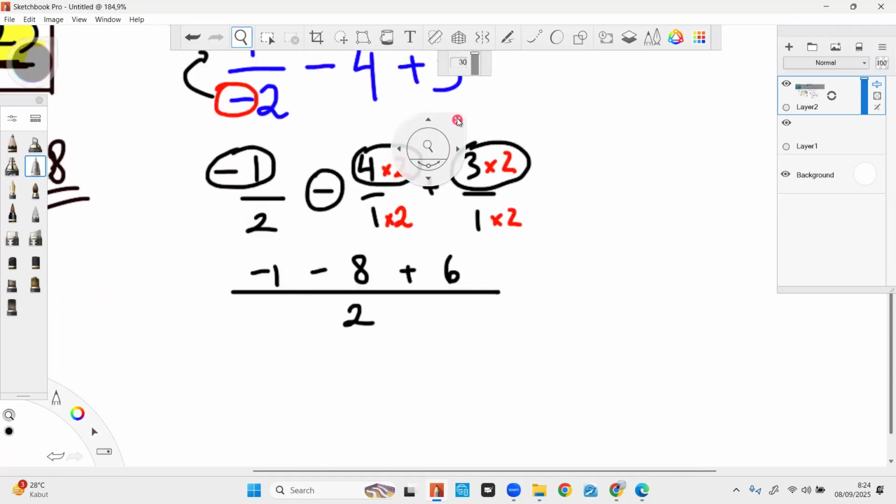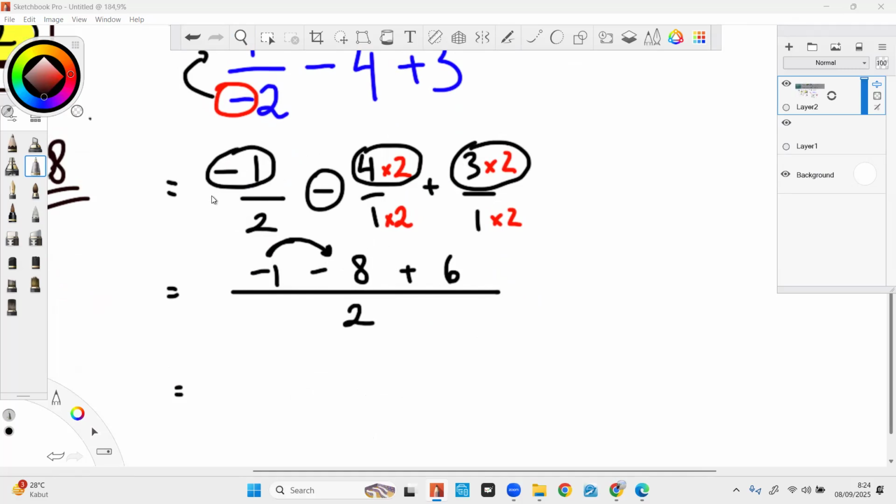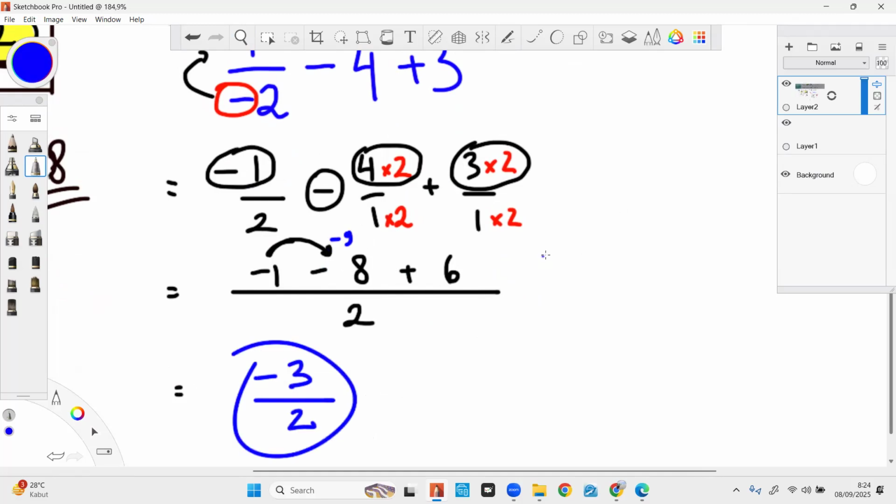Now you cannot do minus 8 plus 6 as minus 14. No, it's very prohibited. Negative 1, subtract by 8. You get negative 9, right? Because it's negative 1. Go left by a further 8, you get negative 9. And negative 9 plus 6. What is negative 9 add by 6? Negative 3 over 2.